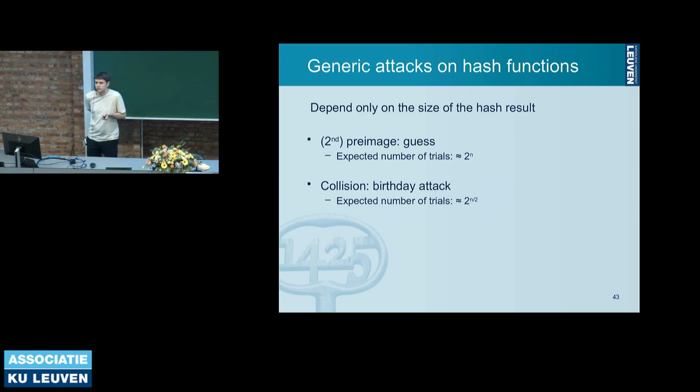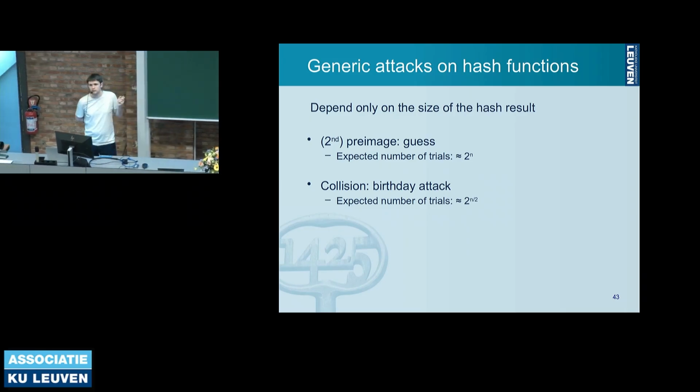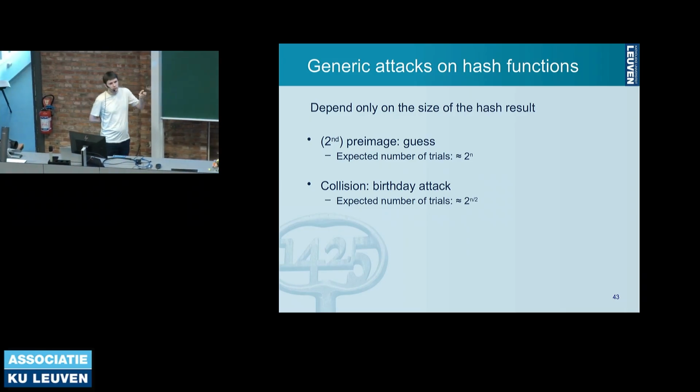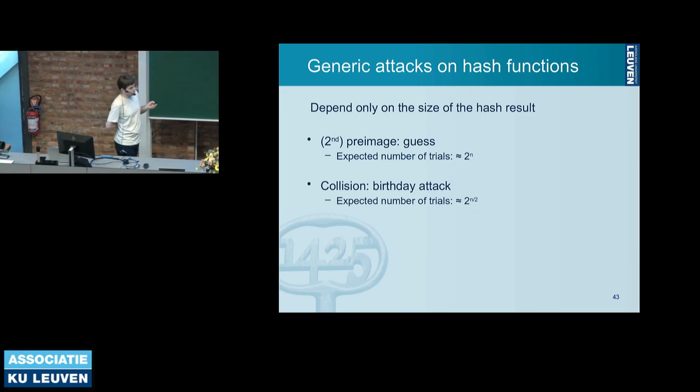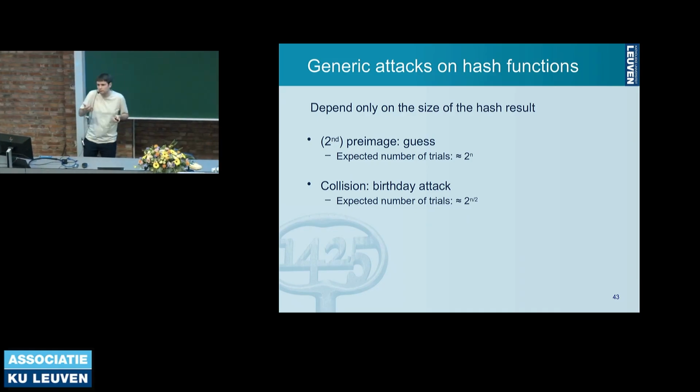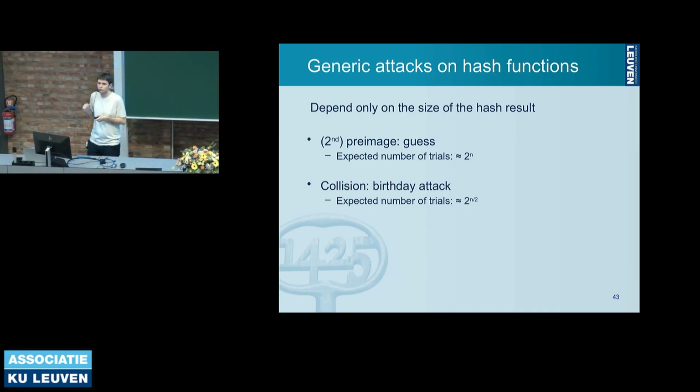If you have an n-bit digest, the chance that your output will match it is 1 divided by 2 to the power of n. So after trying 2 to the n, or actually 2 to the n divided by 2 different inputs, you will probably match.